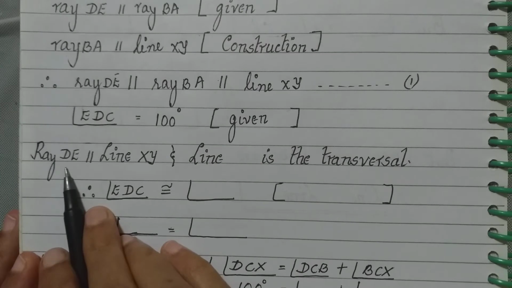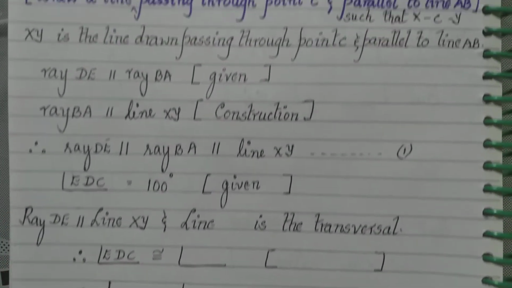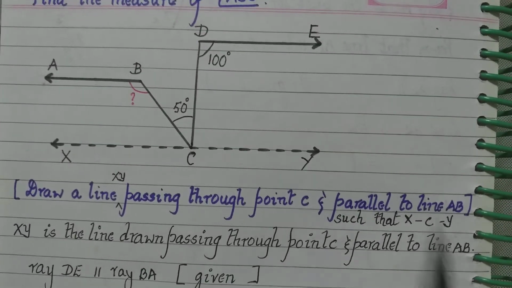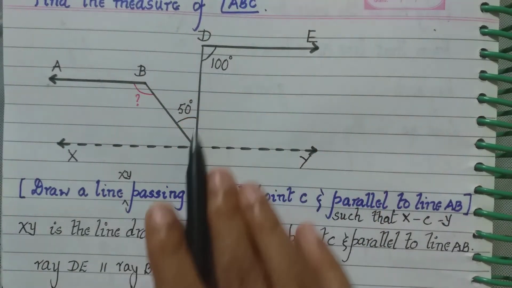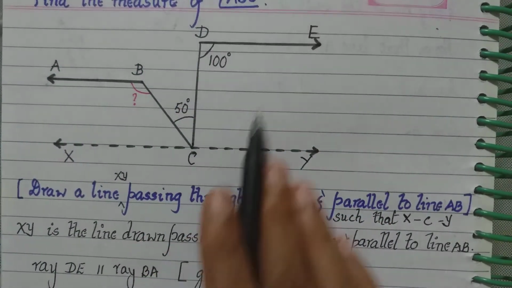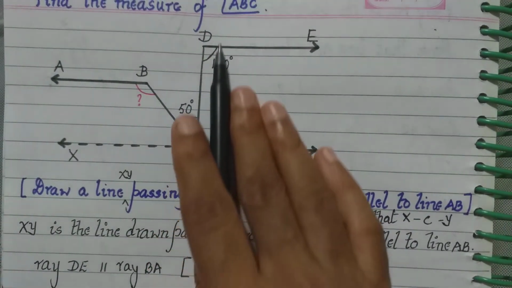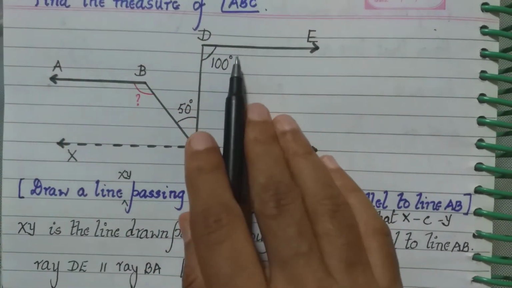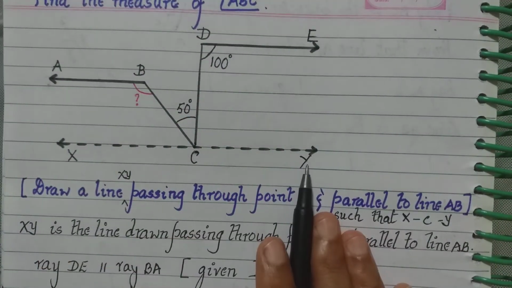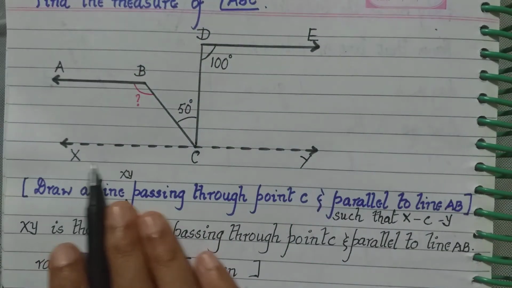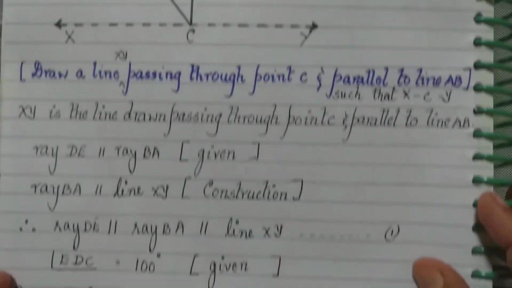Further, ray DE is parallel to line XY, and we have something as the transversal. So what is connecting ray DE to line XY? It is here we see that line DC. DC is connecting DE to XY. So ray DE is parallel to line XY and line DC is the transversal.